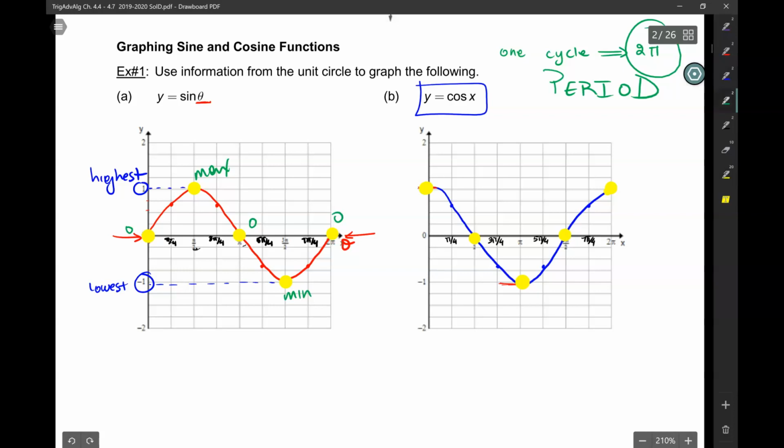Again, we're going from max to min to max, and we're hitting 0 on the way. In each of these, how many points did I highlight? 5. These are the 5 critical points. When you graph, you have to show me the 5 critical points on the x-axis, and then it's just boom, boom, boom, boom, boom with points, and we're done graphing.